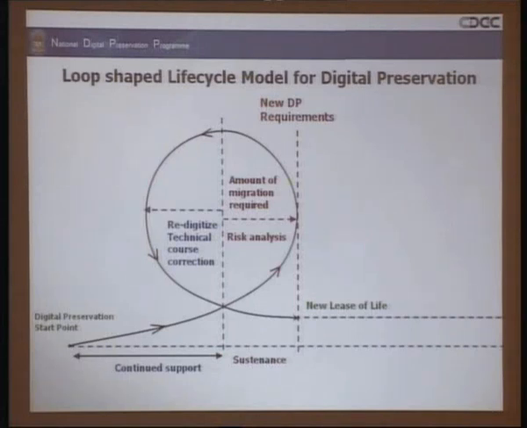That's going to give them a new lease of life, because that is the time when they can do the risk analysis, they can do the technical course correction in case the technology has changed, in case the preservation has certain threats, and they are able to migrate, re-digitize, or convert the data into different formats, whatever needs to be done. They can take care of that, and then they have a second life for maybe another 3 years. So this unfolds in a repeated fashion like this.